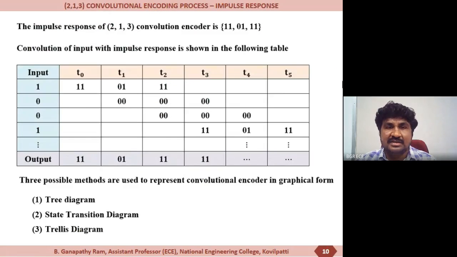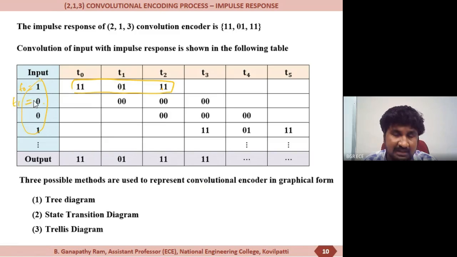And the convolution of the inputs corresponding to this impulse response is clearly depicted in the following table. How this 1001 message bit is correspondingly encoded with respect to this impulse response: if it is 1, the impulse response will be 1101 and 11, and at time t0 the first bit is applied.